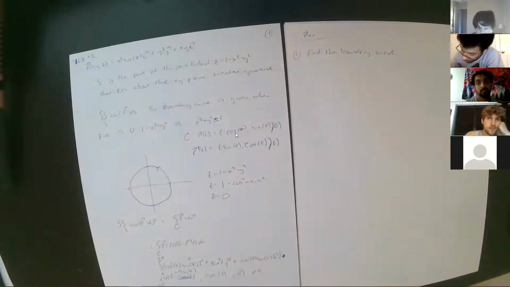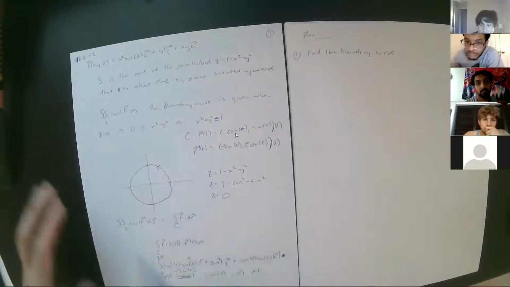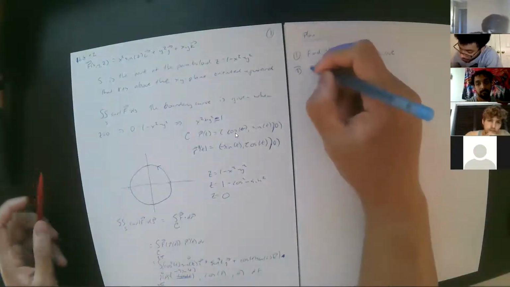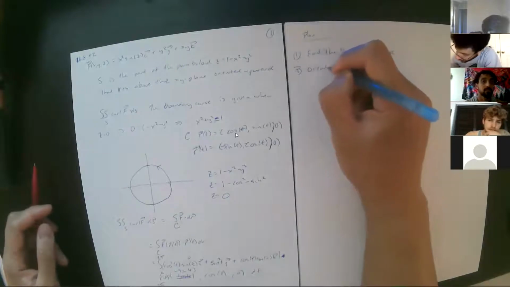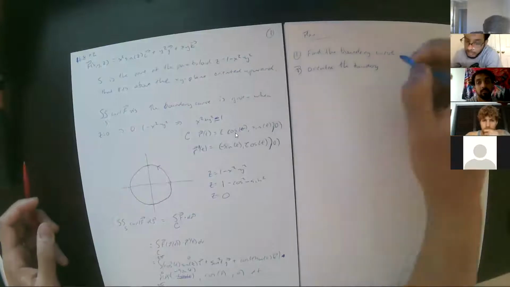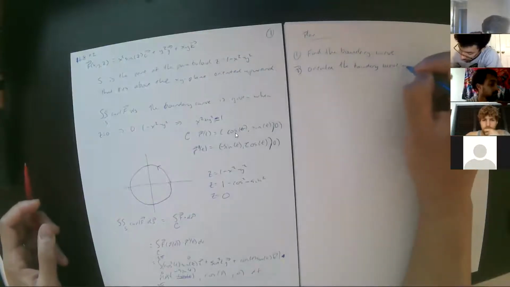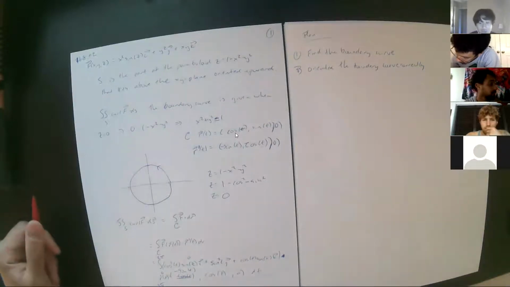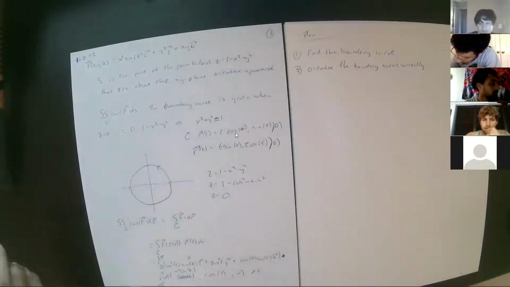So we found the boundary curve. That's what this circle was. We oriented the boundary curve correctly. How do we do that? We made sure the orientation of the curve matched the orientation of the surface. Correct?